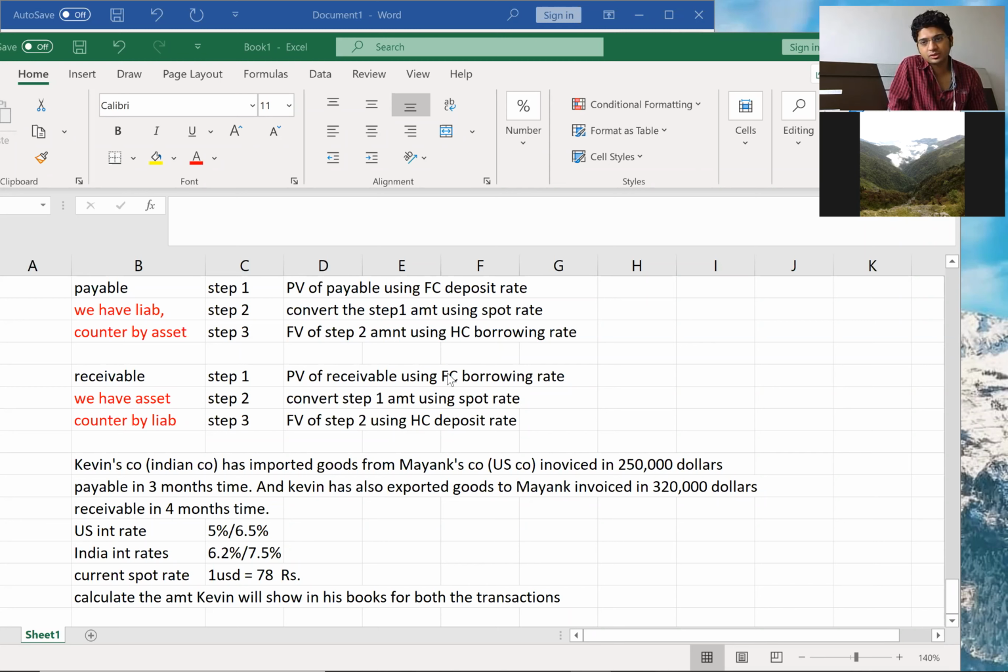Once you get the amount in rupees, can you net it off later on? We cannot net it off because months are different. Correct. Time frame is different, so we cannot net the rupees also.